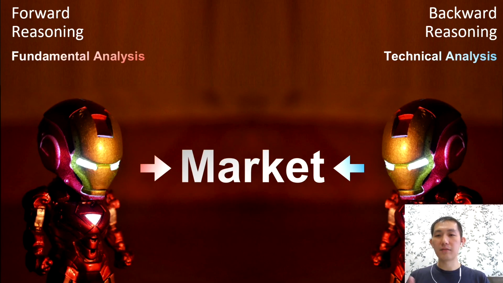So with that, fundamental analysis is forward thinking, technical analysis is a backward thinking approach. So hopefully you now understand why an investor using fundamental analysis has a different thinking process compared to another investor using technical analysis.